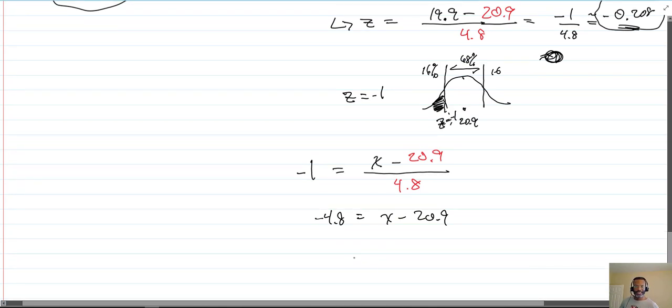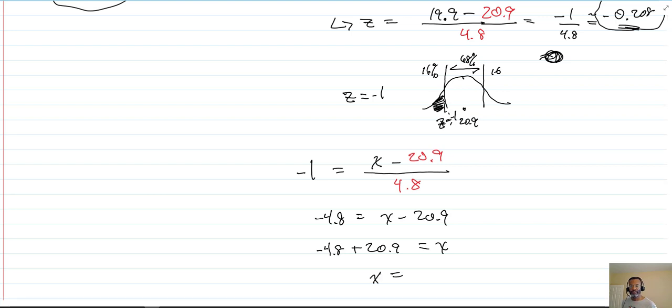And let's go ahead and add 20.9 to both sides. So you get -4.8 plus 20.9 equals x. So the score that would give you a z-value of -1 would be x equals 20.9 plus or minus 4.8.